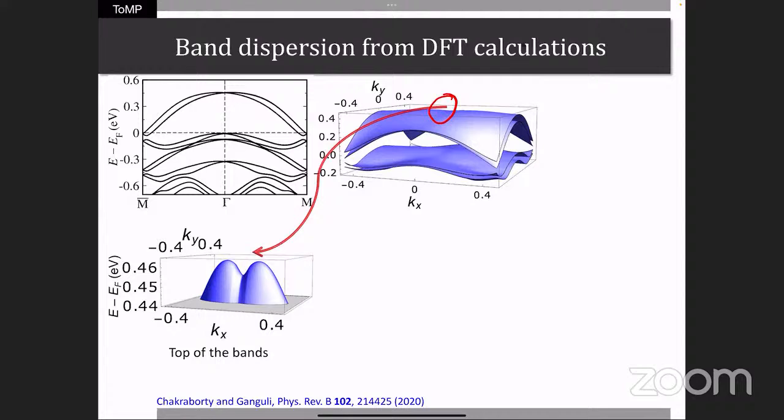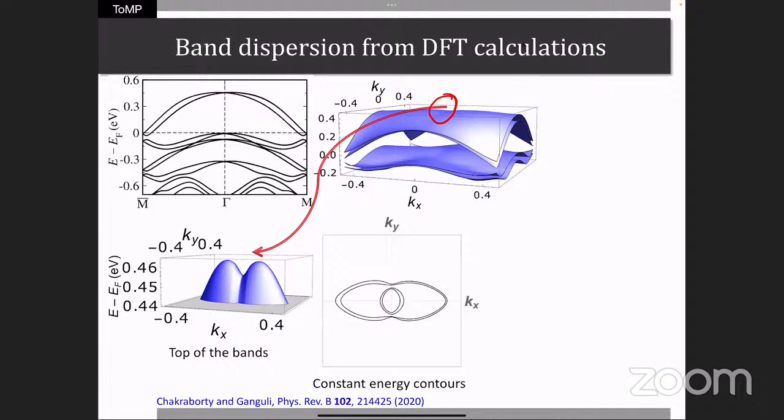Now, these bands are different from our earlier bands that I have shown from analytical modeling, because these are hole-like bands. So the bands are upside down. That part is fine. But then these two peaks here, that feature was not seen earlier.